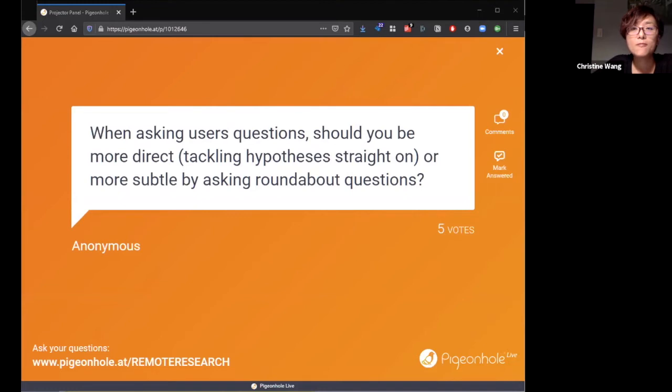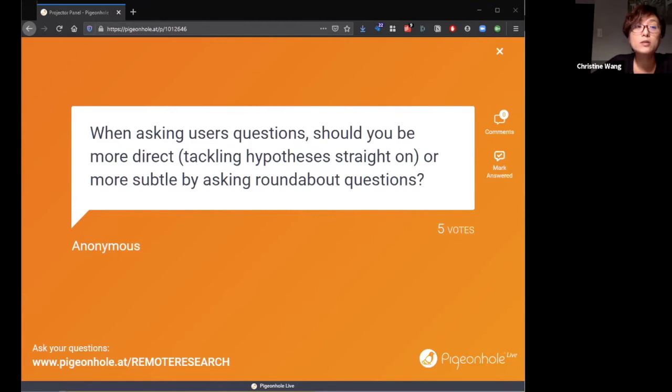For one, people wouldn't really remember or be able to give you the true answer. So it's better that you design an activity to see how they actually do it, and then they're able to give you a better answer.